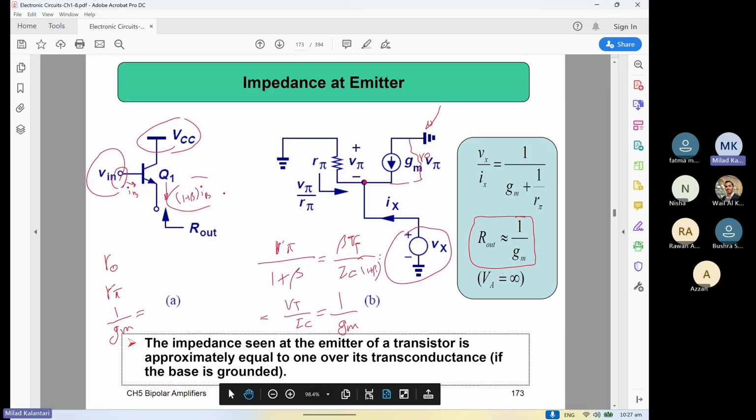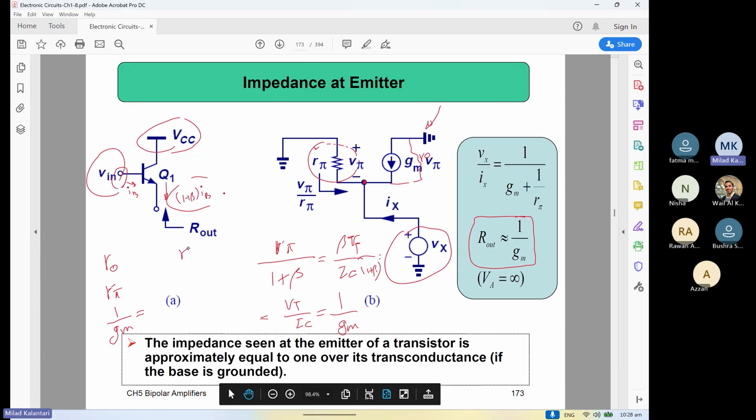So you can write the equations to figure out how it is doing, solving this circuit. But intuitively, you can tell that there is this resistor at the base. I want to move it to the emitter side, and because the current is 1 plus beta times, the impedance should be 1 plus beta times less, right?